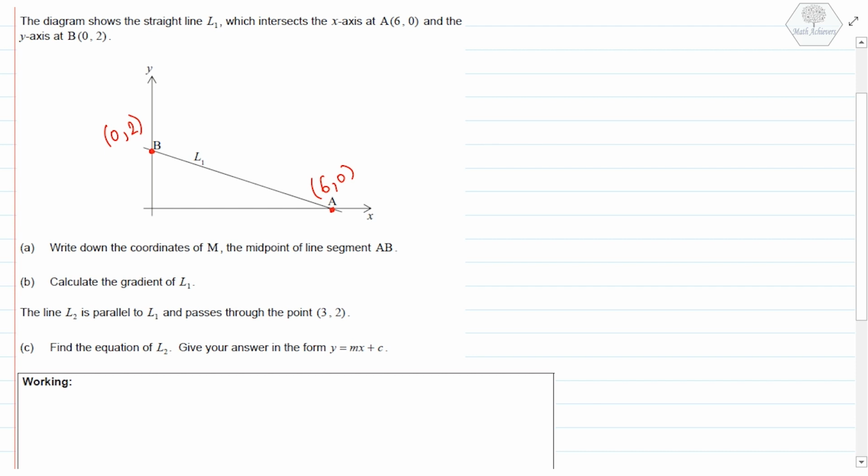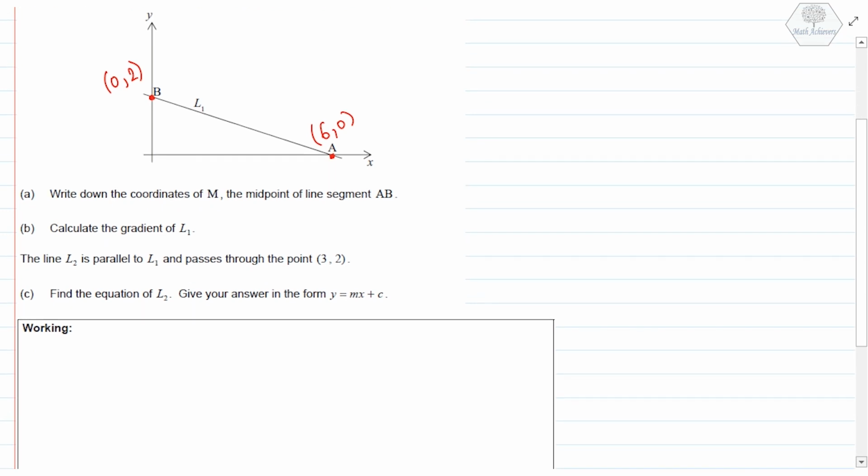For part A, we want to write down the coordinates of M, which is the midpoint of the line AB. So simply for part A, M is equal to, you remember the x coordinate is (x1 plus x2) over 2.